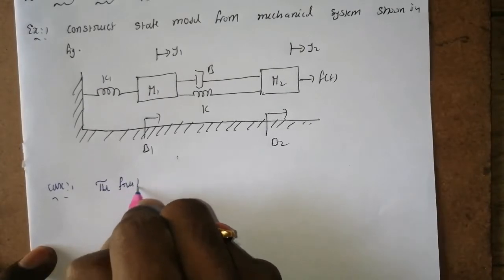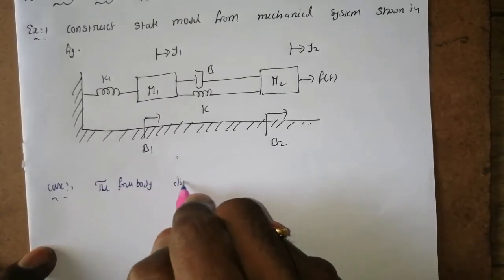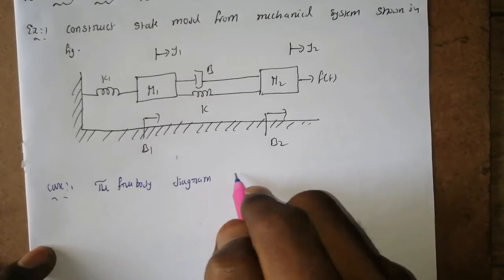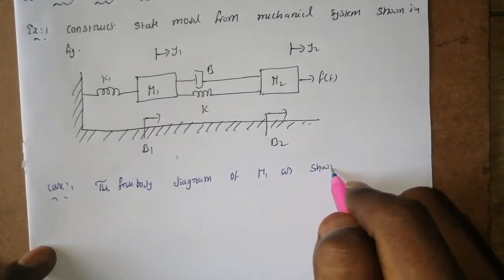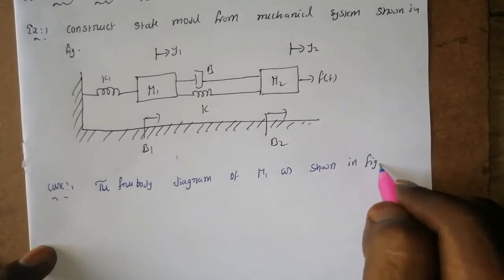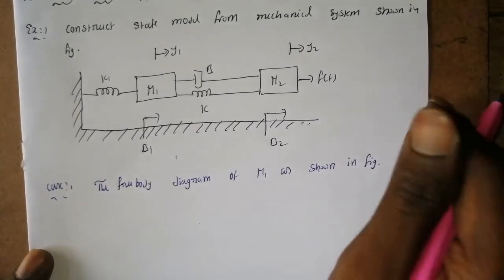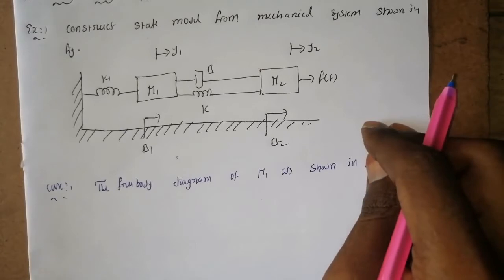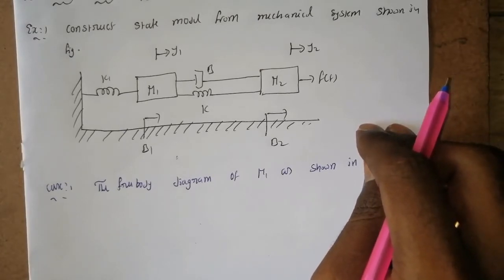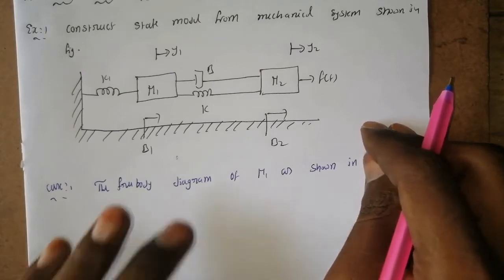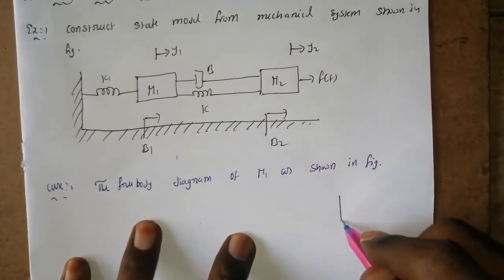The free body diagram of M1 is as shown here. How we can represent the free body diagram: I can represent the M1 mass element with the opposing forces and applying forces. So let me consider the M1 mass element.